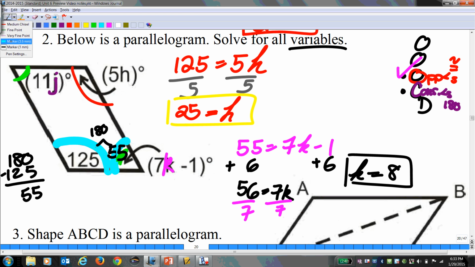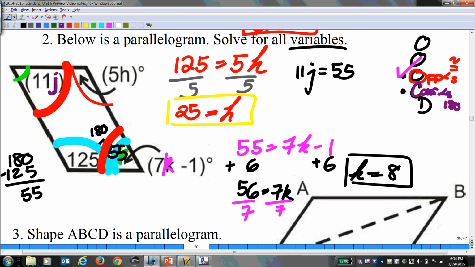Now, opposite angles are congruent, so if this is 55, this up here is 55 as well, which means we can get our last variable by simply doing 11j equals 55. And we get j equals 5.